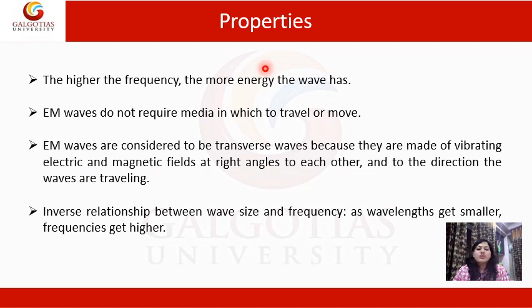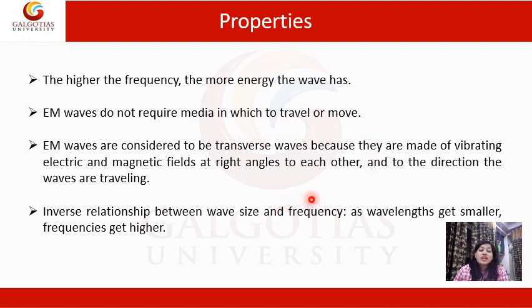As we know about the electromagnetic spectrum, we also know about the properties of the electromagnetic waves. The higher the frequency, the more energy the wave has. Electromagnetic waves do not require a medium in which to travel or move.